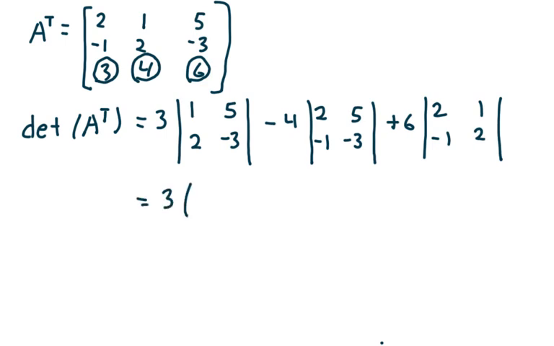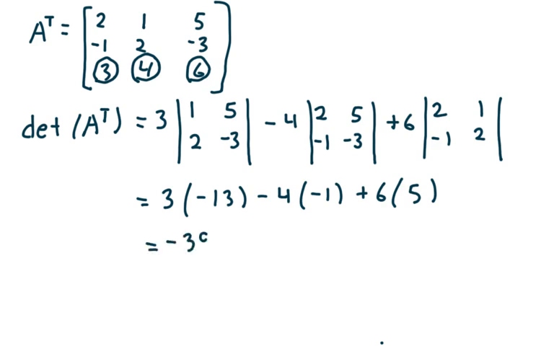So this is 3 times, that looks to be negative 13, minus 4 times negative 6 minus a negative 5, which is negative 1, plus 6 times 4 minus a negative 1, which is 5.